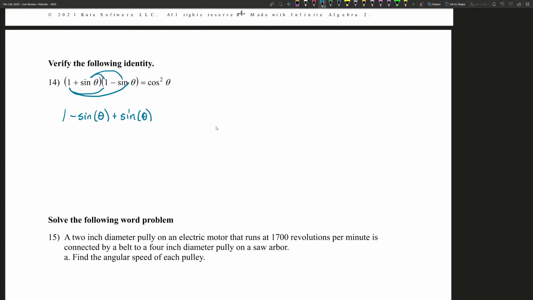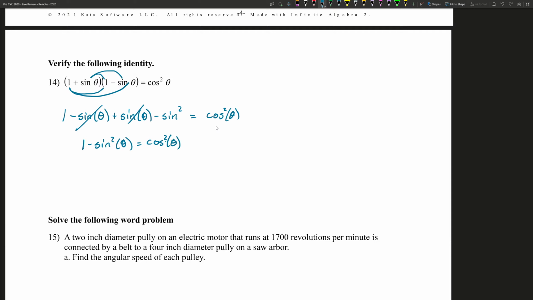And then minus sine squared. And that should be equal to cosine squared. All right. Negative sine and positive sine, those cancel. So we're left with 1 minus sine squared. And we should recognize 1 minus sine squared.